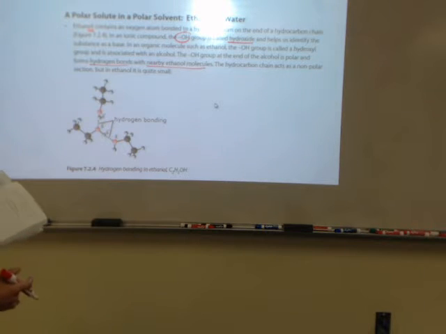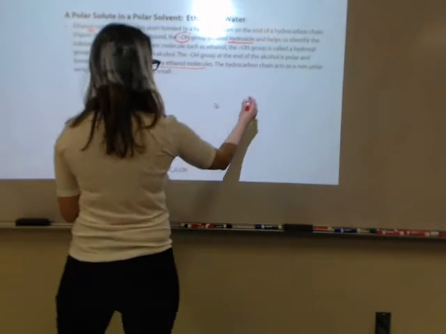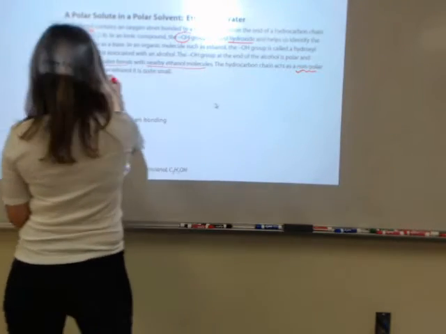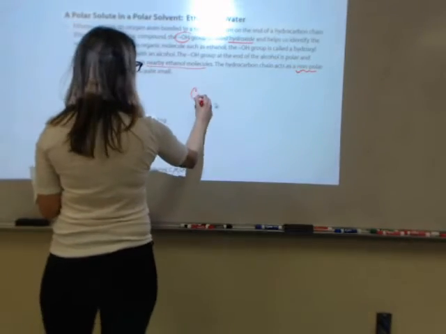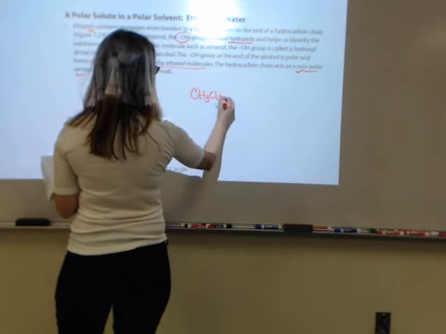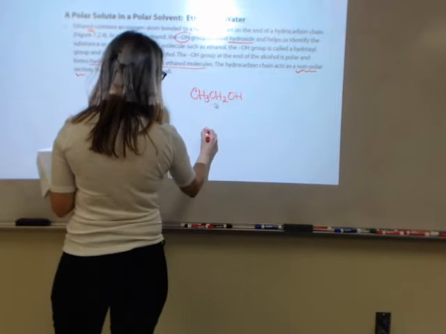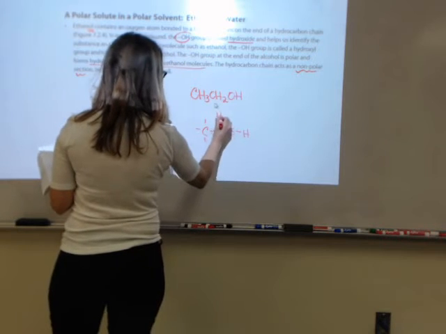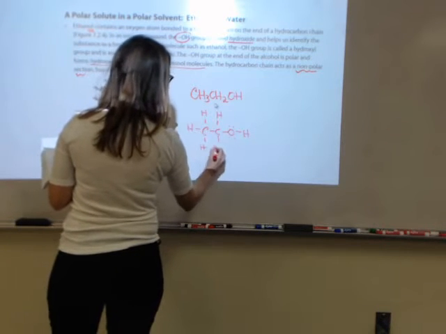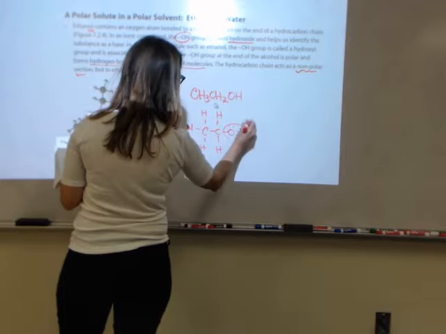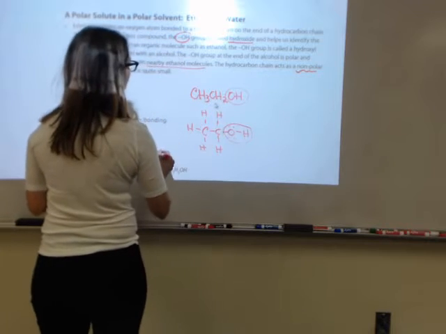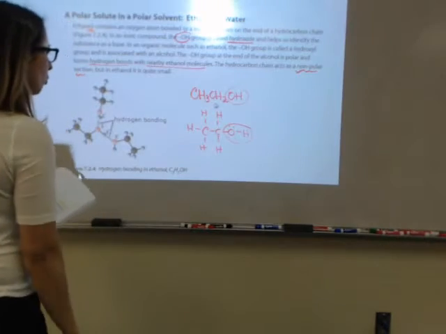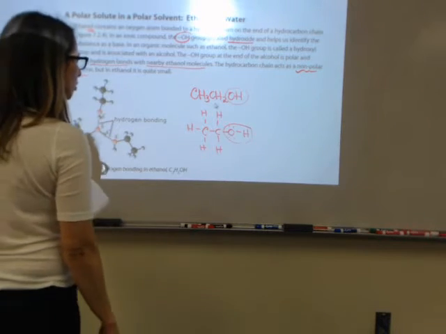Now, this also has a nonpolar section. So ethanol is CH3, CH2OH. So it looks like this. So here is your OH bond that allows it to hydrogen bond with other ethanol molecules.